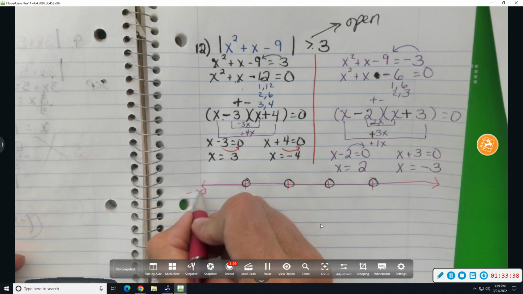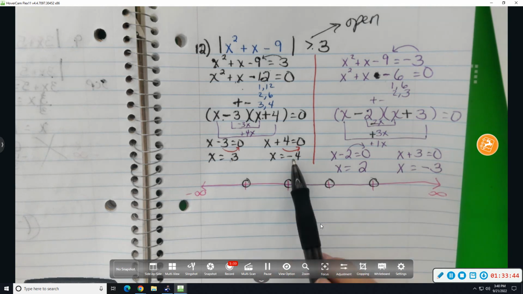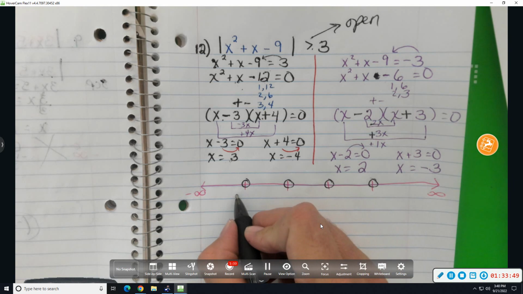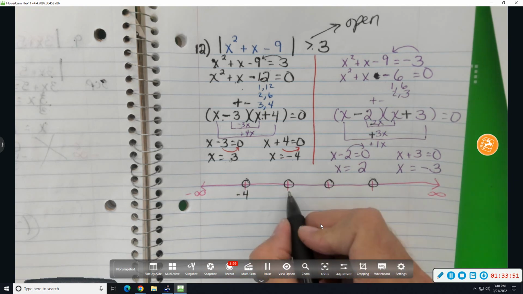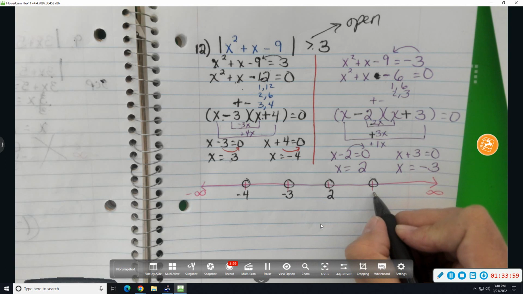And make sure you put those numbers in numerical order. Which one of these 4 cut points is going to be closest to negative infinity? Negative 4? And then call them out in order. What am I going to put here? Negative 3, 2 and 3.